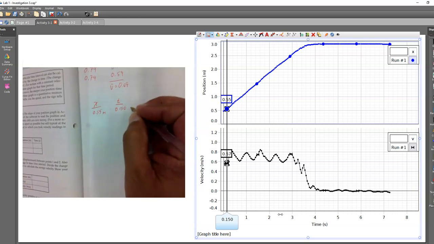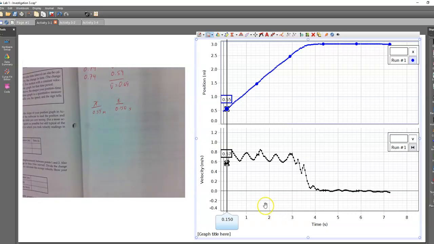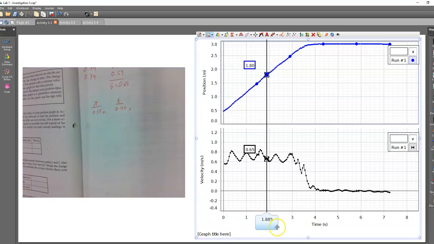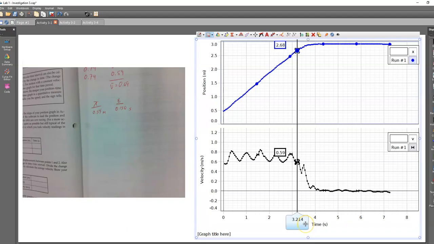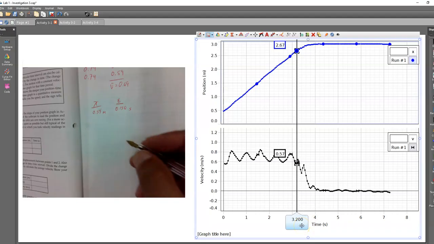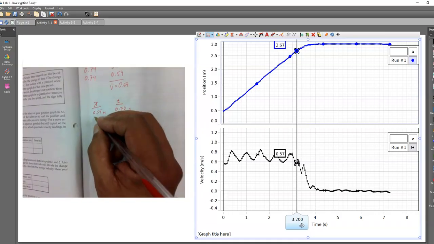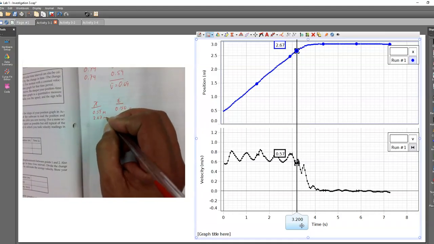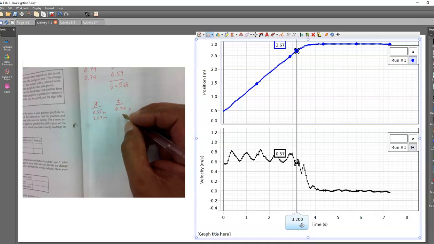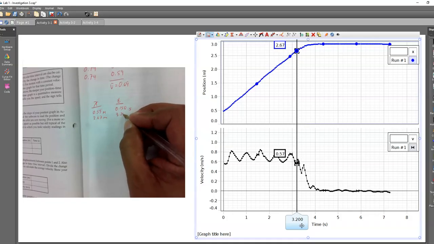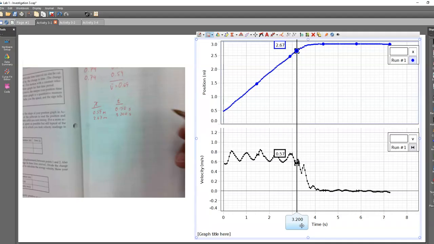So this is meters, and this is seconds. Then I'm going to go all the way over here, and I'll just choose that point there. The position is 2.67 meters, and the time is 3.20 seconds.